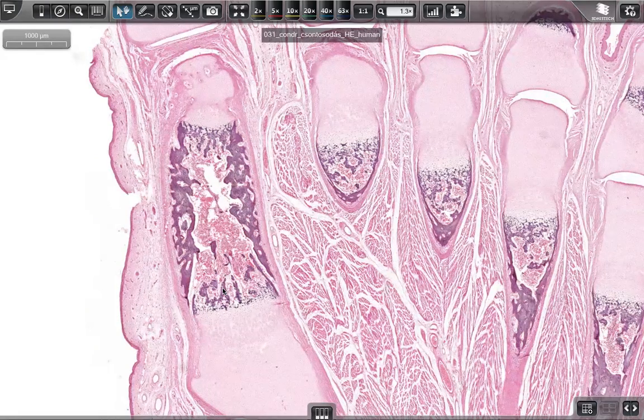So appositional growth means underneath the periosteum we have osteoblasts laying down the osteoid, and at the side of the bone marrow cavity we have osteoclasts digesting the bone tissue, and eventually the work of these two cell populations keeps up the thickness of the bony wall.